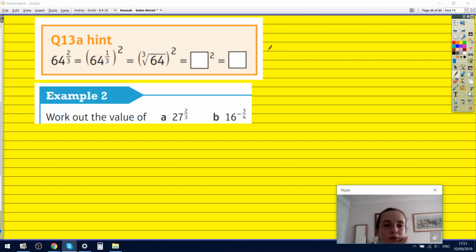1 over... There's no to the power of minus.